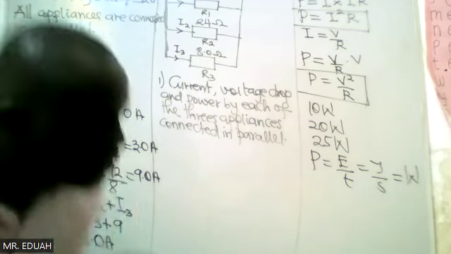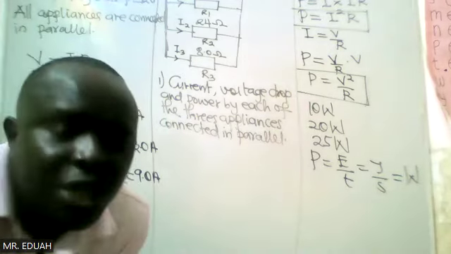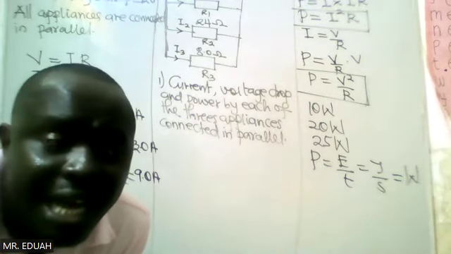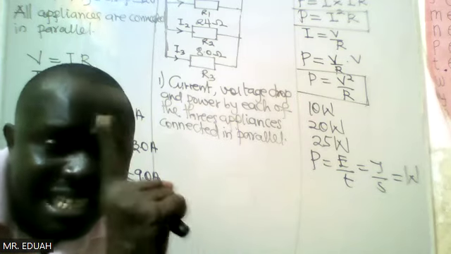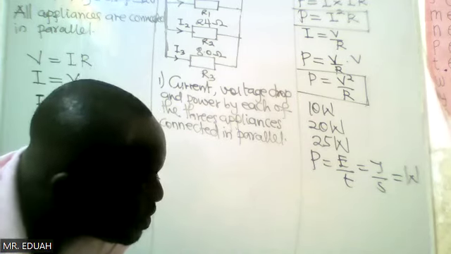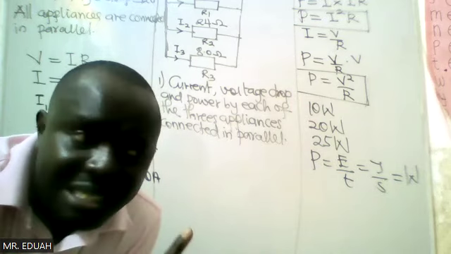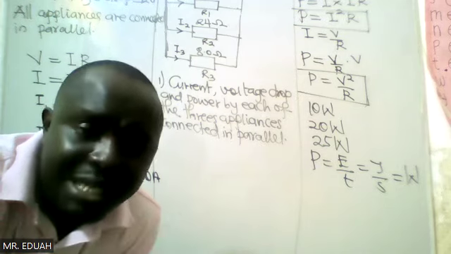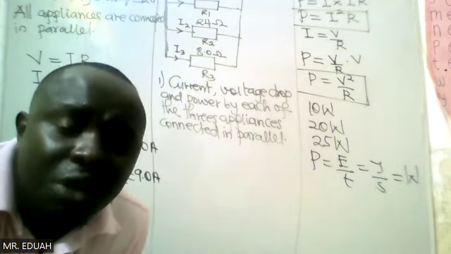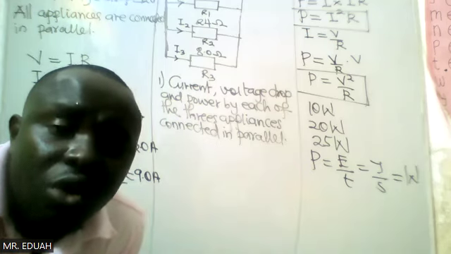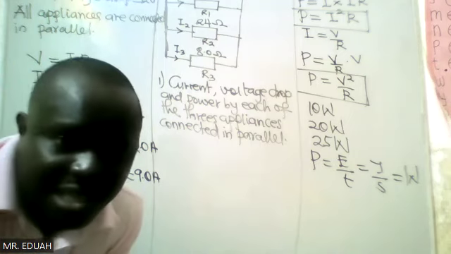If I pick 20, it means this bulb will convert 20 joules of electrical energy to light energy in a second. Your electrical heaters in your homes, whose rating is 1,000 watts, means that 1,000 joules of electrical energy is converted to heat energy every second.